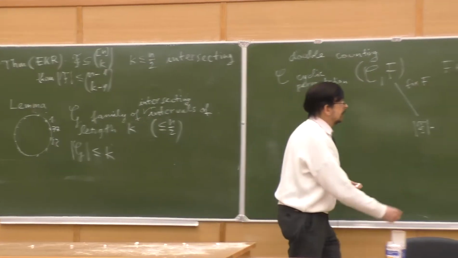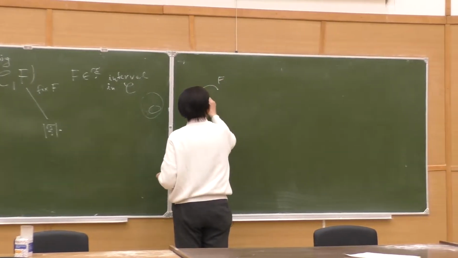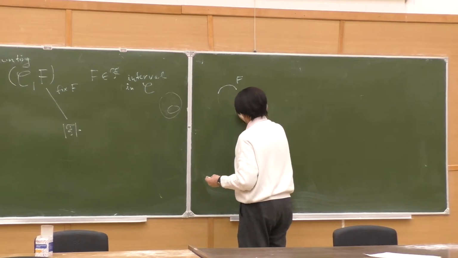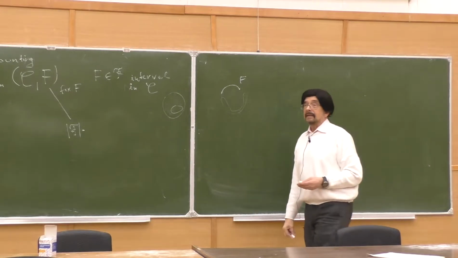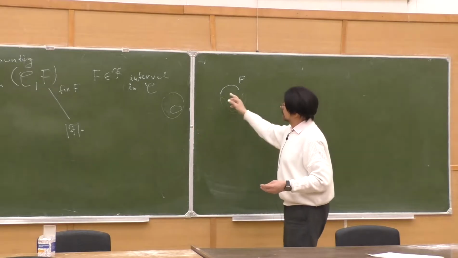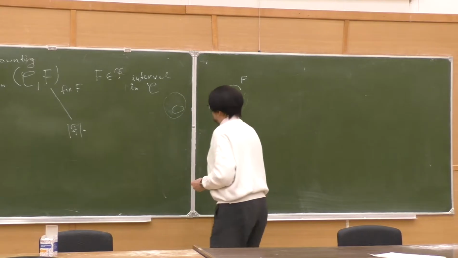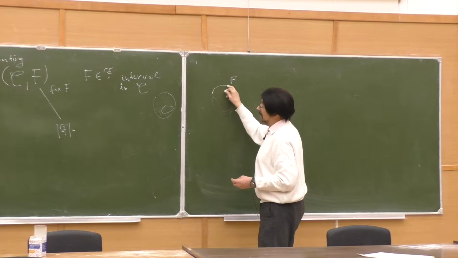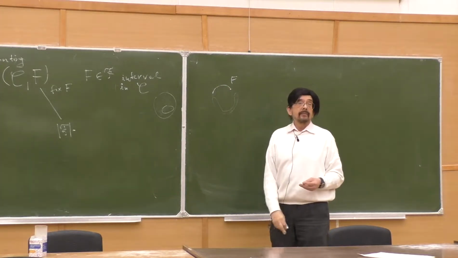So if F is an interval, then this is the rest. So how many ways can we put the elements here? Since this is cyclic, it doesn't matter where we put F. But if we want to have F as an interval, then we can mix only these elements.